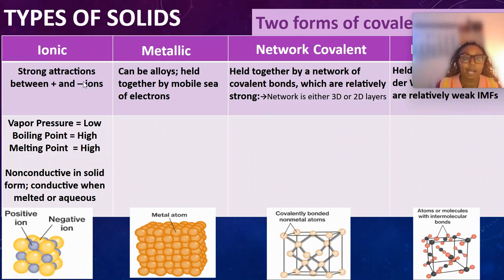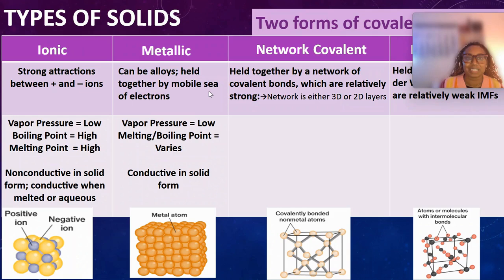Ionics are not conductive when they're in solid form, but they are conductive when they're melted or aqueous. In case you don't remember, aqueous means a solute is dissolved in a solvent, so it's a solution, and the solvent is water.